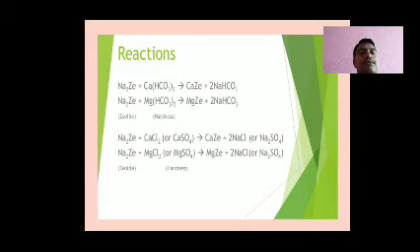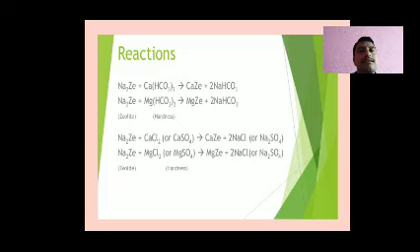Reaction. Sodium zeolite reacts with calcium chloride, magnesium chloride, calcium sulfate and magnesium sulfate, then forms calcium zeolite, magnesium zeolite, sodium chloride and sodium sulfate.